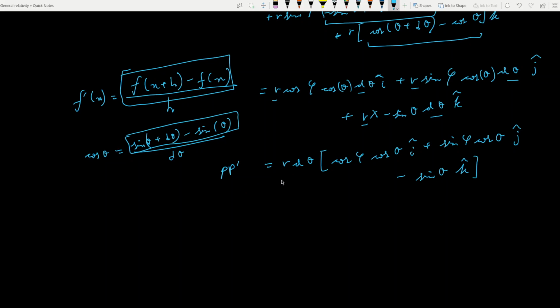Now let's find the length of PP primed. This vector, length of this vector.